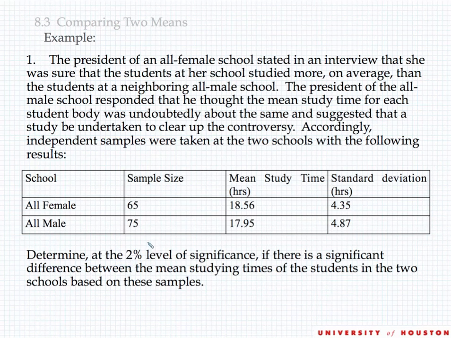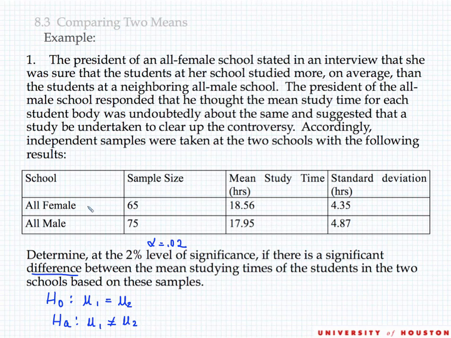So we want to decide at the 2% level of significance if there's a significant difference between the mean studying times. So our H0 will be that the two population means are the same, and our HA will be that they are different.